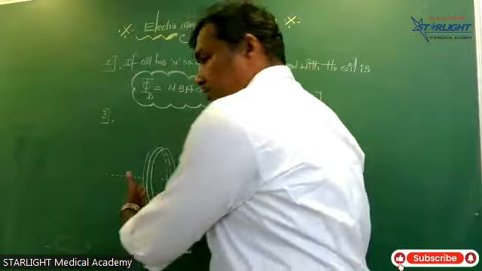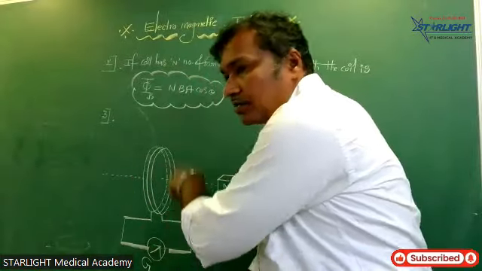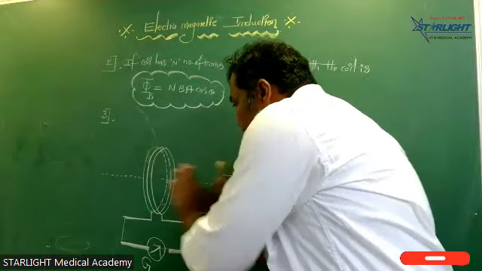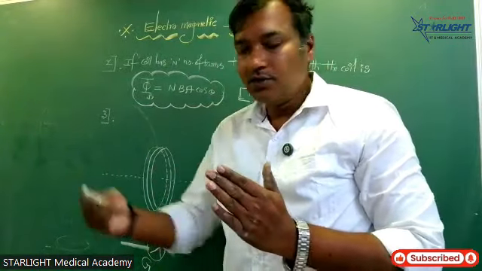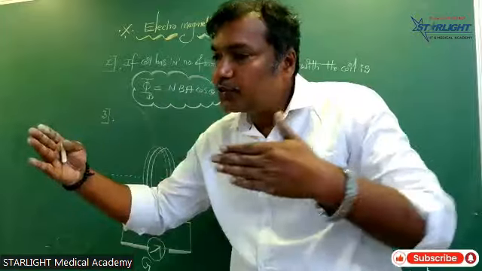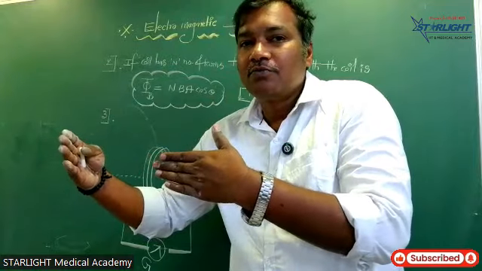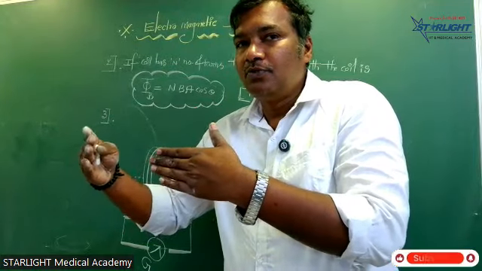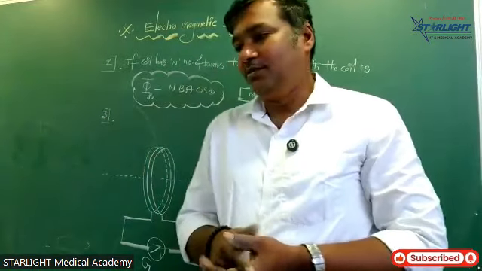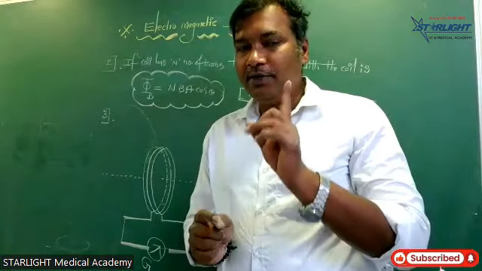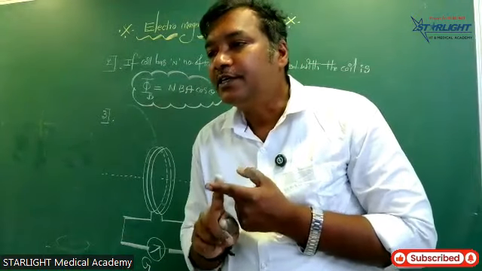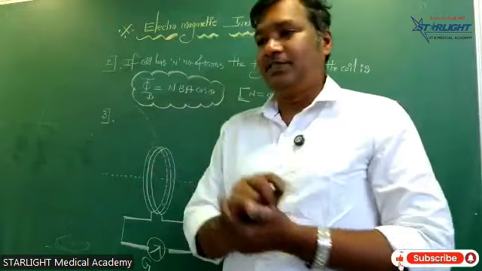This is a circular coil, and the magnet is moving towards the coil. Tell me, what happens inside this coil? Immediately current is generated. This galvanometer shows deflection.